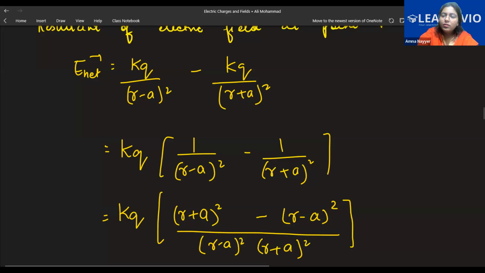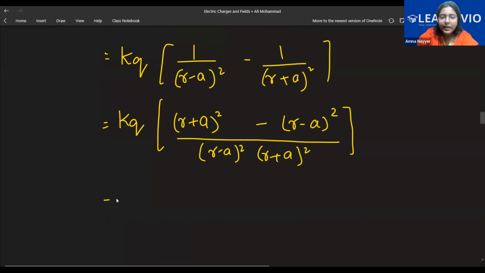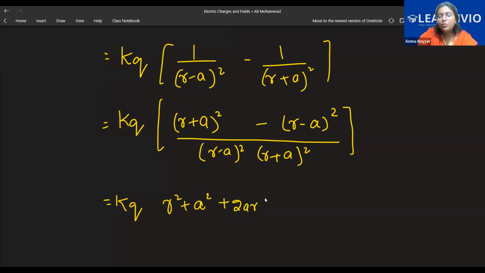Now, isn't it similar to some identity? Can we write it as some identity? A square minus B square, or A plus B whole square. So R square plus A square plus 2AR.